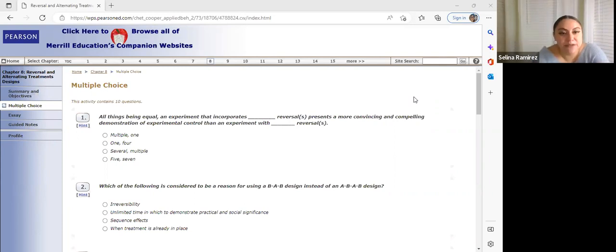So number 1, all things being equal, an experiment that incorporates blank reversals present a more convincing and compelling demonstration of experimental control than an experiment with blank reversals.